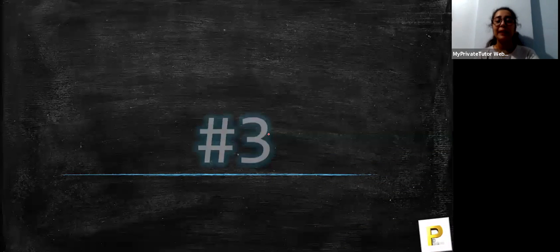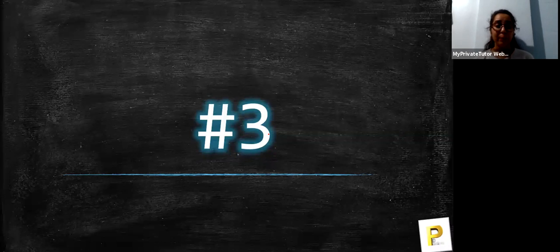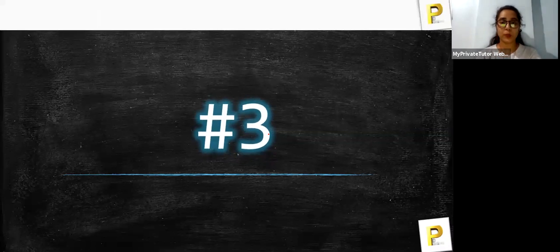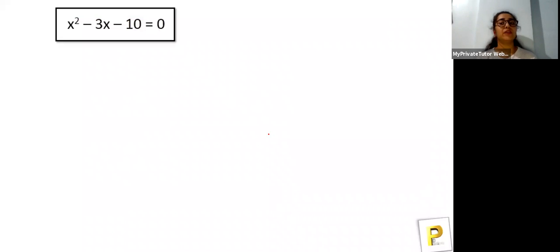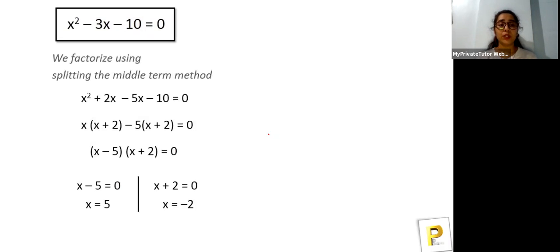Okay, so now we have the hashtag 3 part, that is actually solving questions of the factorization method. Okay, so let's solve some questions. We have the first question as x square minus 3x minus 10 is equal to 0. Now, we factorize using the splitting the middle term method.